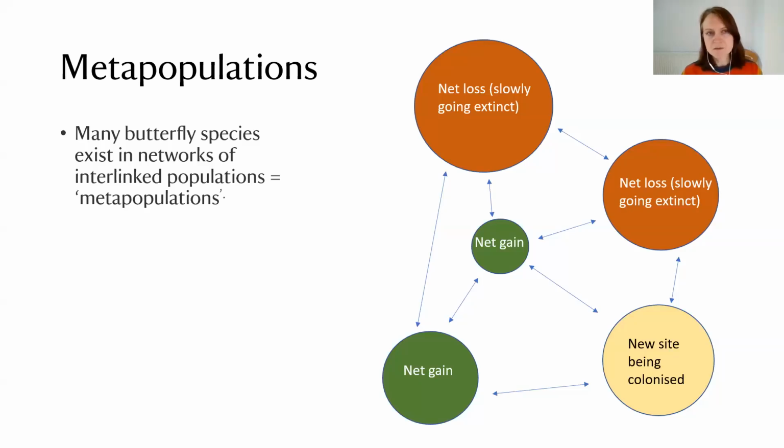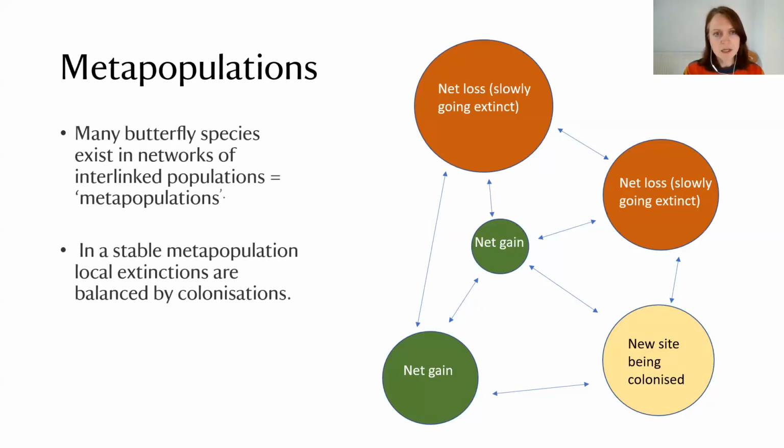But a metapopulation is really a network of interlinked populations within a certain area. So we call that a metapopulation. That's illustrated by that diagram on the right. You can imagine that each of those is a discrete little mini population of butterflies, and there's movement between those different small populations within an area.